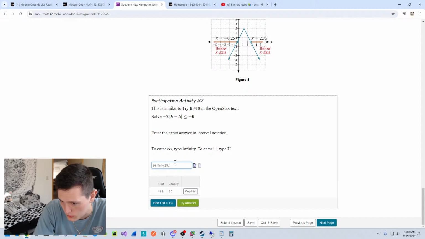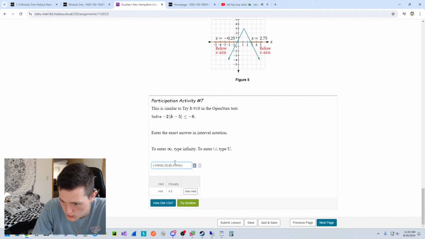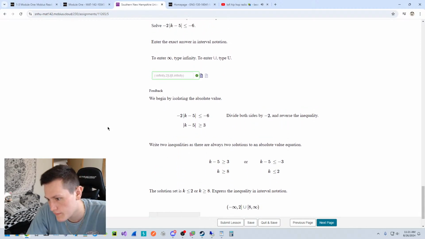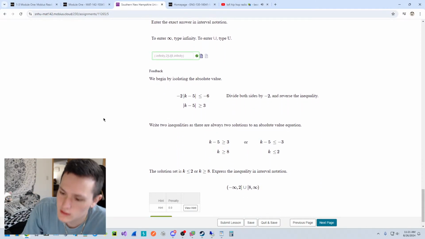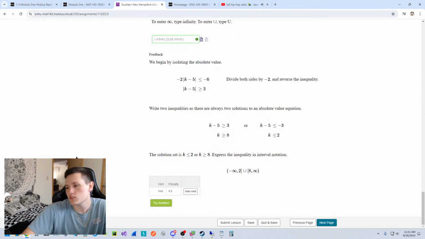Because you're getting 2 points on a graph. Then our next bracket, and a parenthesis, infinity. I believe that's right. Yeah, that's right. And that makes sense. I get that. Let me do another one, just to be sure.